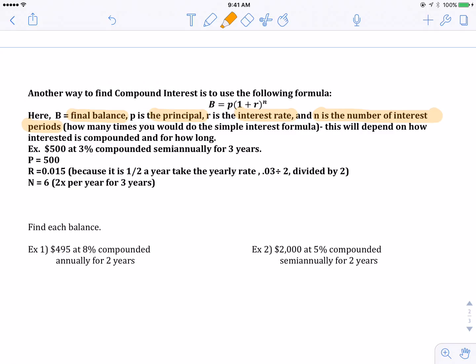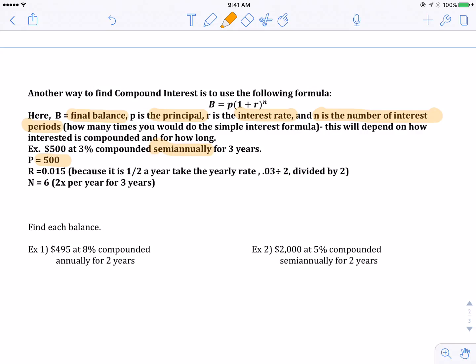The example that's done for us here is $500 at 3% compounded semi-annually for 3 years. Semi-annually means twice a year, so that's every half year. So our P is 500. Our rate is 0.015 because 3% compounded semi-annually means twice a year.